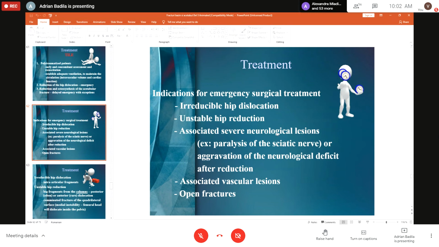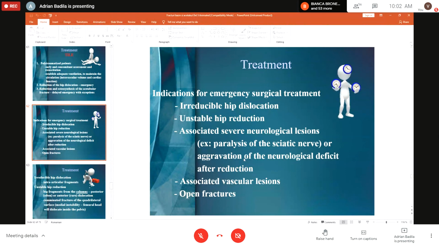Associated severe neurological lesions, like the paralysis of the sciatic nerve or aggravation of the neurological deficit after reduction. And in this case, our aim is to treat also the neurological lesion, the lesion of the sciatic nerve or of the femoral nerve.